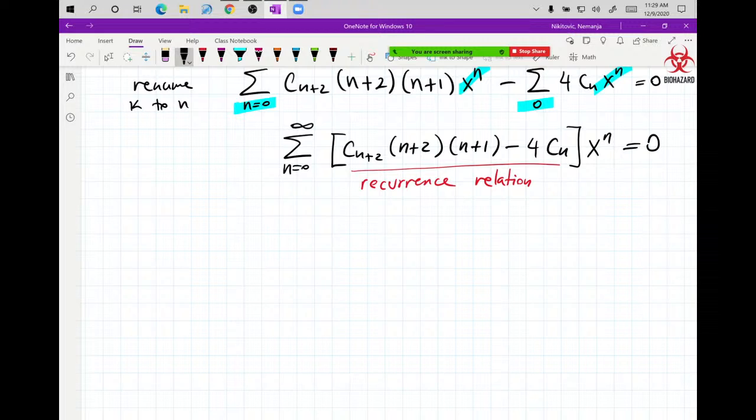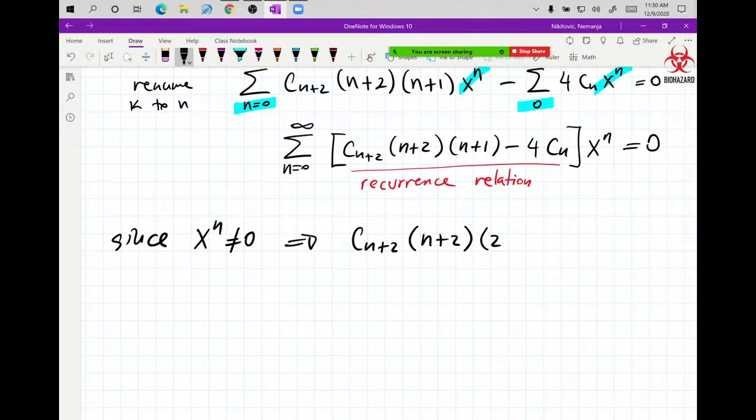Now, please note that this is a sum. It doesn't play a role in this calculation here because you have two things that are multiplied, recurrence times x to the n. Since x to the n cannot be 0, because if x to the n is 0, that means all x's are zeros, you're getting a trivial solution to your differential equation. Your solution is garbage. So we don't consider that. Since x to the n must be different than 0, that implies that the recurrence relation has to be 0.